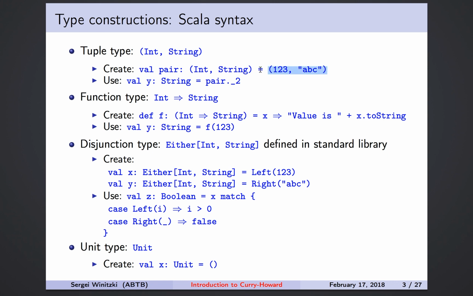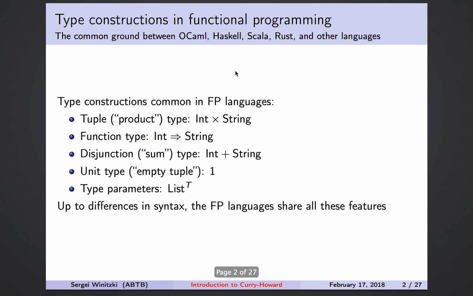This is the Scala syntax for the tuple value, and this is the Scala syntax for the type expression that is describing this value. So each language has a specific syntax for this. And with this syntax you create a new value called pair, which is equal to this, and it has this tuple type, integer and string. And in the short notation, this is how I denote it.